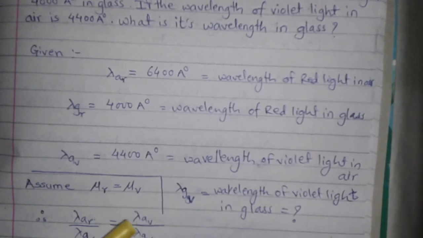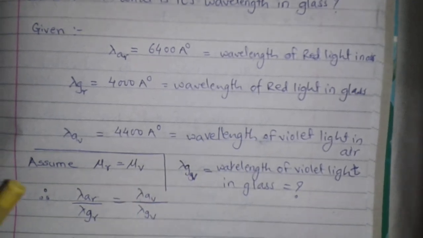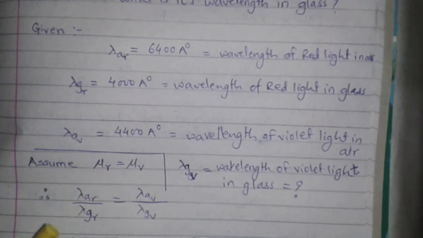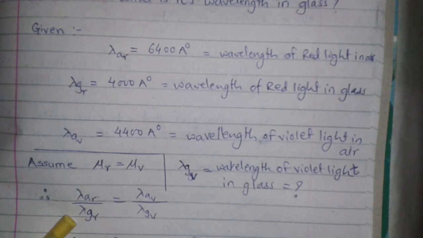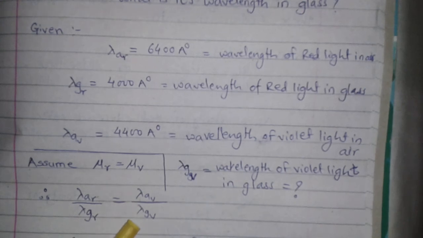That is lambda GV. So as mu R is equal to mu V, it can be written as wavelength of red light in air divided by wavelength of red light in glass equal to wavelength of violet light in air divided by wavelength of violet light in glass.